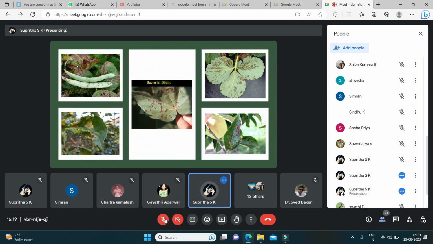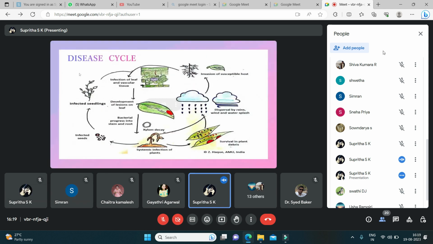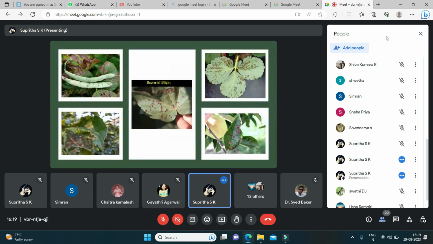When the brown colored spots are enlarged, they become dry and brittle. If you touch the leaves of that plant, we can feel the dryness and brittle appearance.